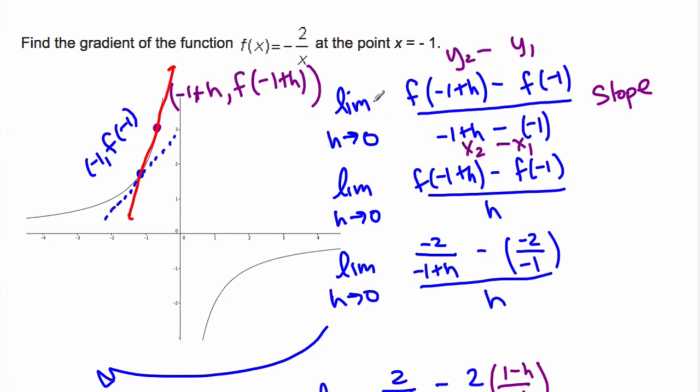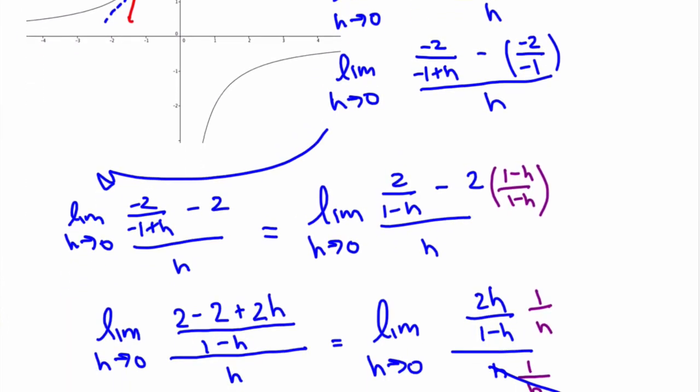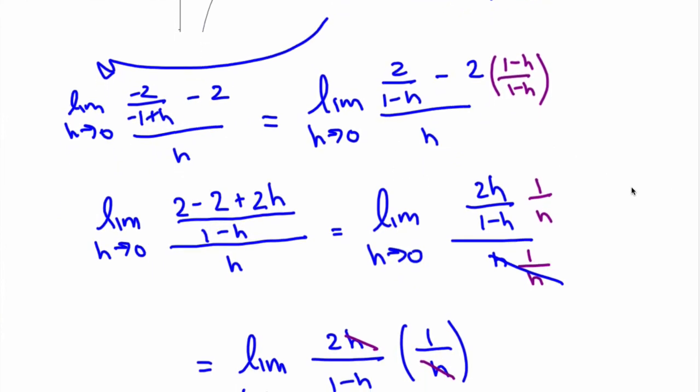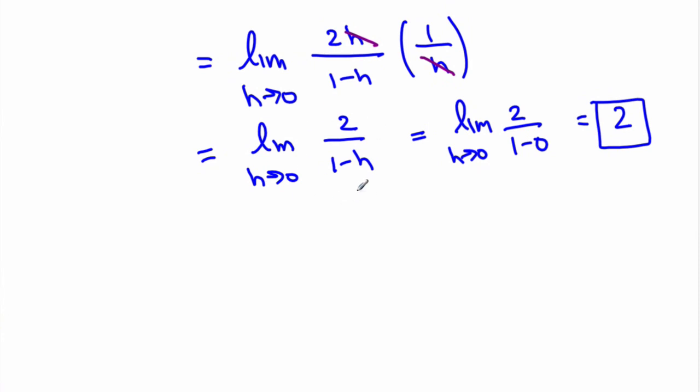Except y2 is infinitely close to y1, and x2 is infinitely close to x1. So these points are infinitely close together. And then it's just a series of algebra steps getting rid of the h in the denominator until we can plug in 0. And then you're left with the slope. That's it.